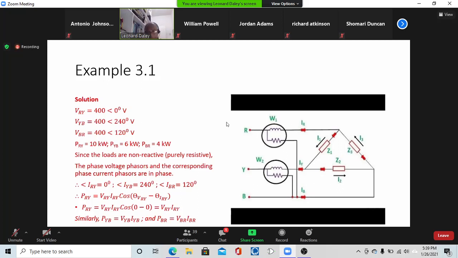Now, based on how the watt meters are connected, we can see that for watt meter 1, current IR is flowing through it, which means that we will need to find IR. Also for watt meter 1, the voltage across it is RB, right? So we need to find VRB.